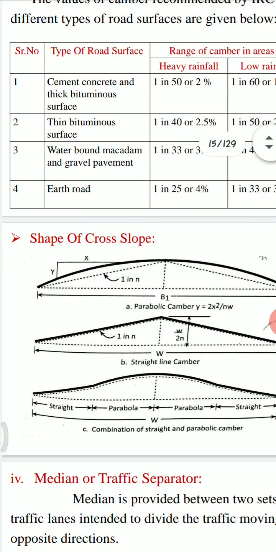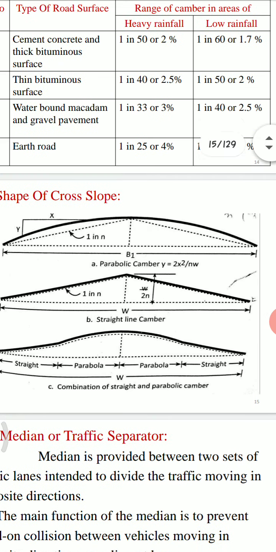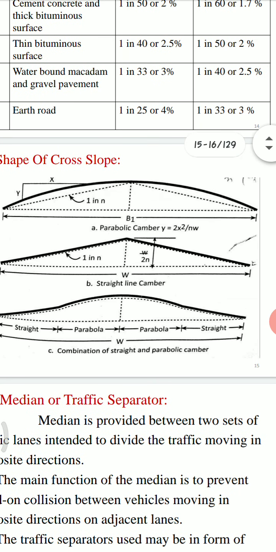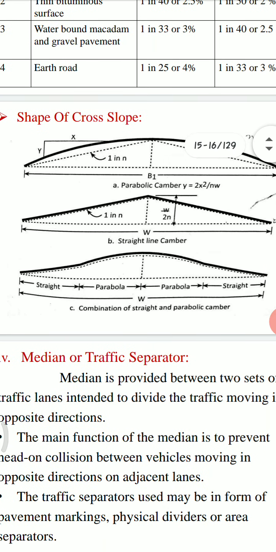Yeah, these are the three diagrams: A parabolic in shape, B straight line in camber, and C a combination of both parabolic and camber. In parabolic, the shape is curved. In straight line camber, the rise is provided in the center only, and from the starting edge to the center line there are straight lines.